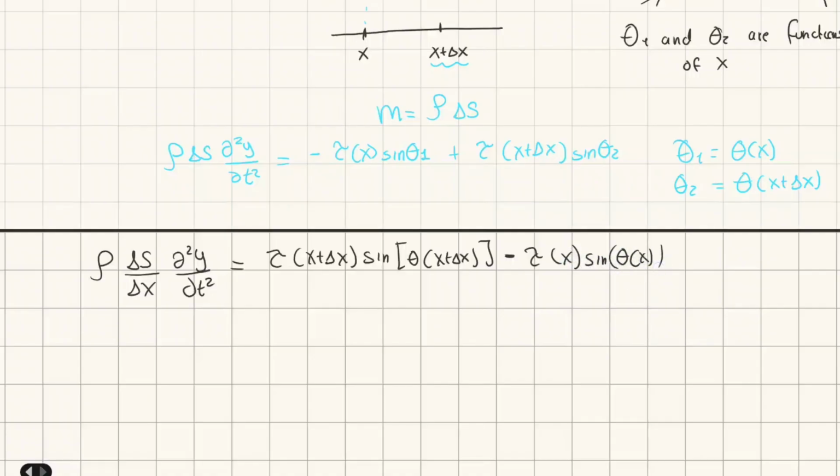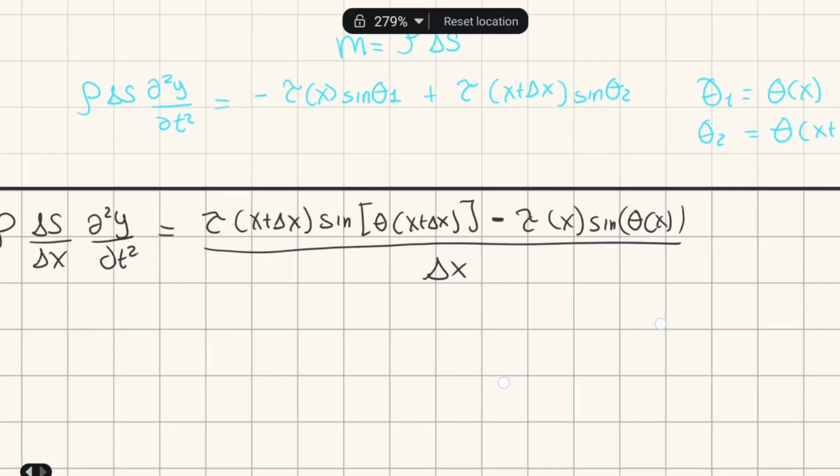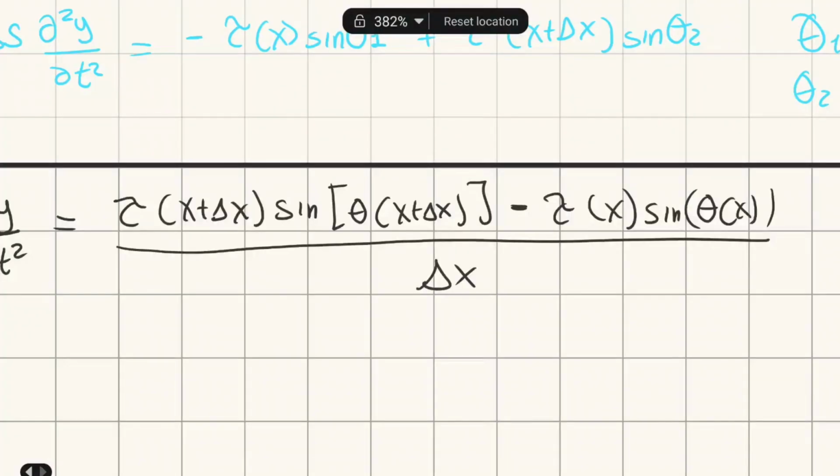And we're going to divide by delta x. Notice that this structure already almost has the form of a derivative. By using the definition of the derivative, we see that this is almost the derivative of a function. We just need to take the limit as delta x goes to 0.